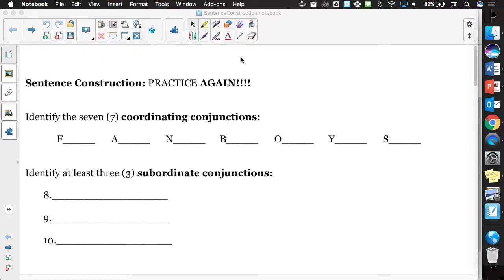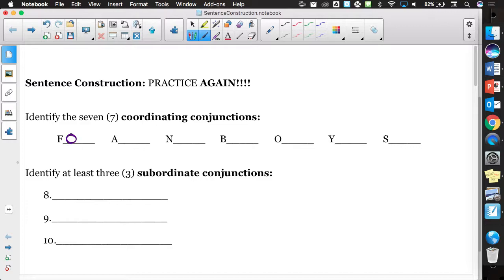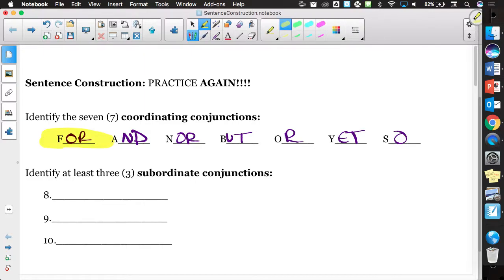So, for. I mentioned to you that of the fanboys, the word for would be the one that you'd be least likely to use. The word for can get used in place of because.